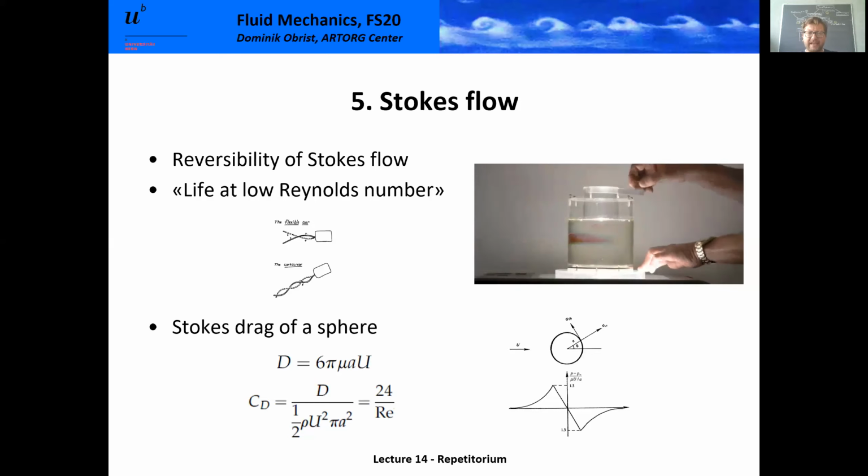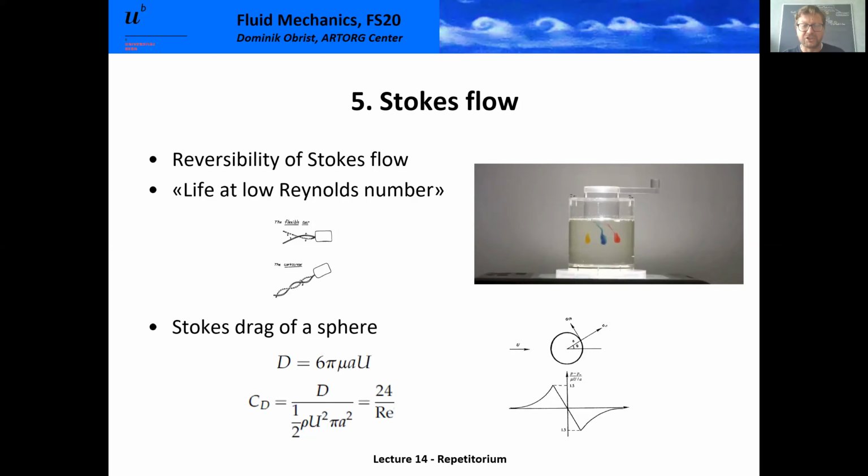Maybe you remember the scallop theorem. Just expect that you could be asked during the exam to explain what the scallop theorem means, why scallops can or cannot move the way they move, why a one-hinged organism has problems moving at low Reynolds number, why not.